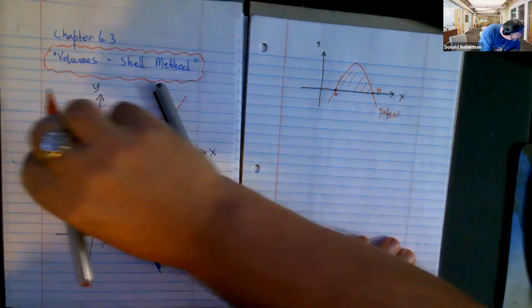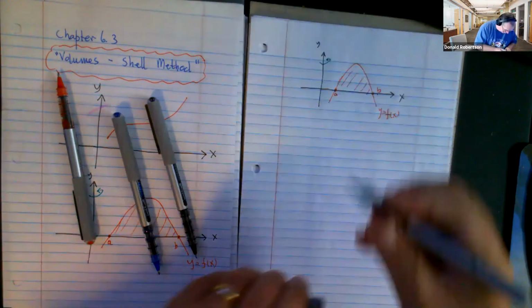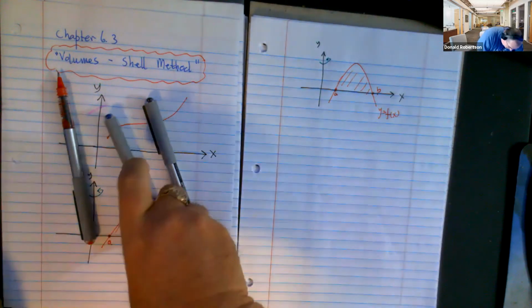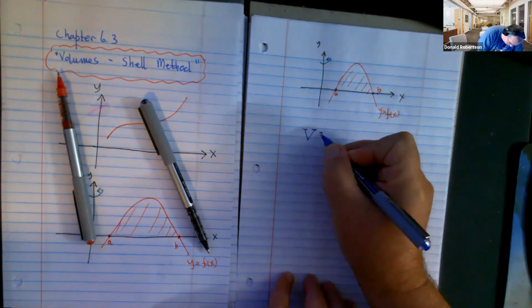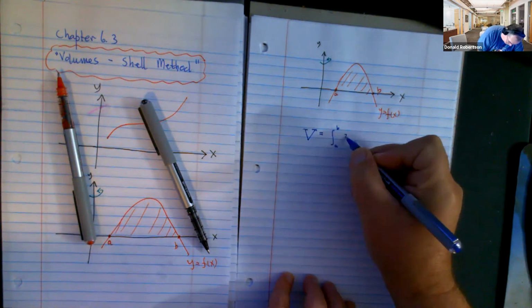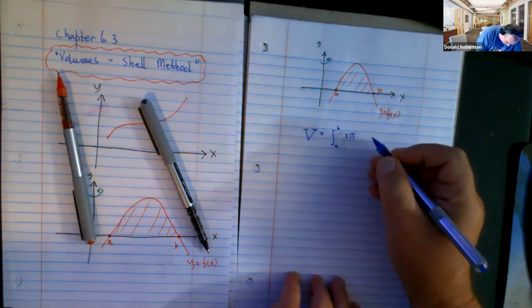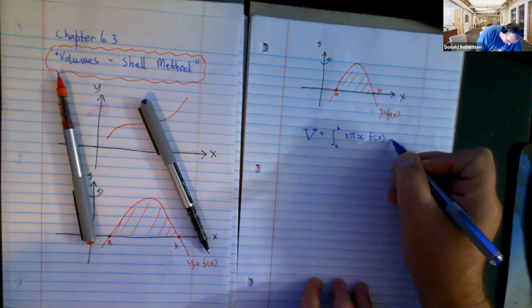And we're going to look at what it looks like when you rotate it about the y-axis. And here's the formula. V equals the integral from a to b of 2 pi x f of x dx.